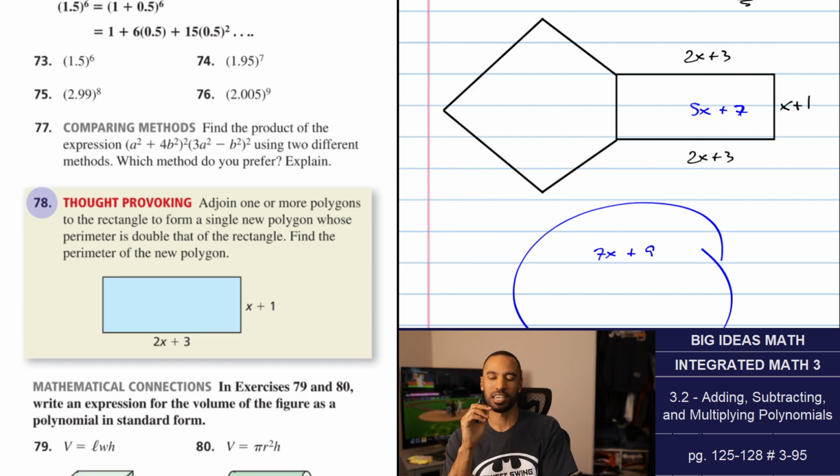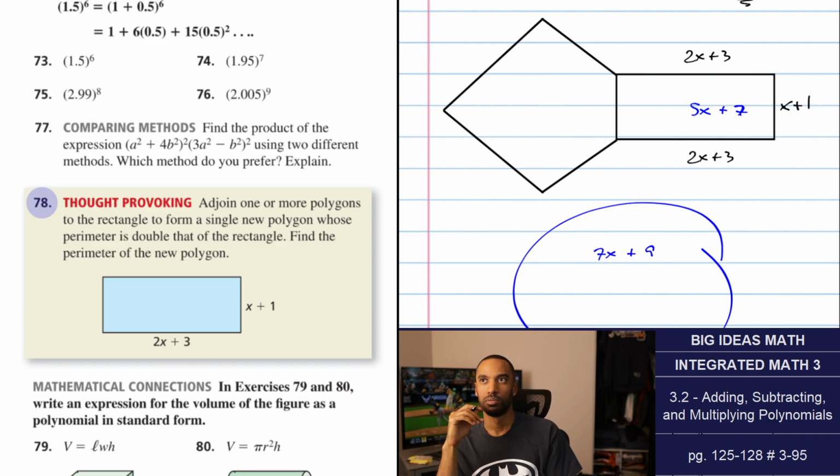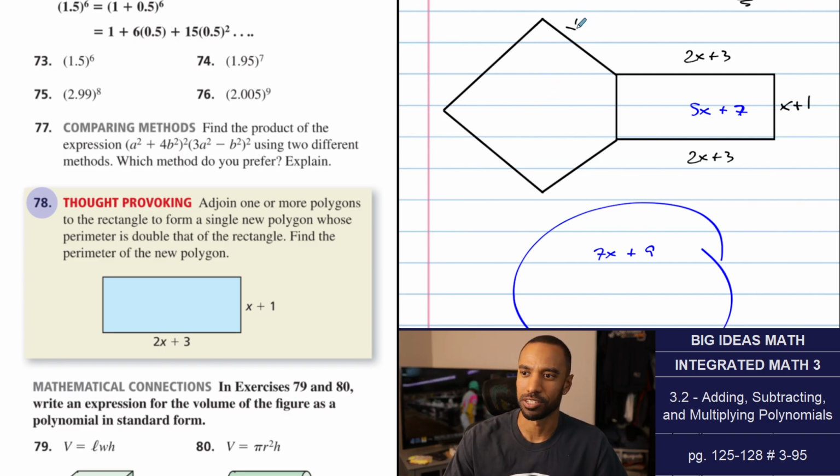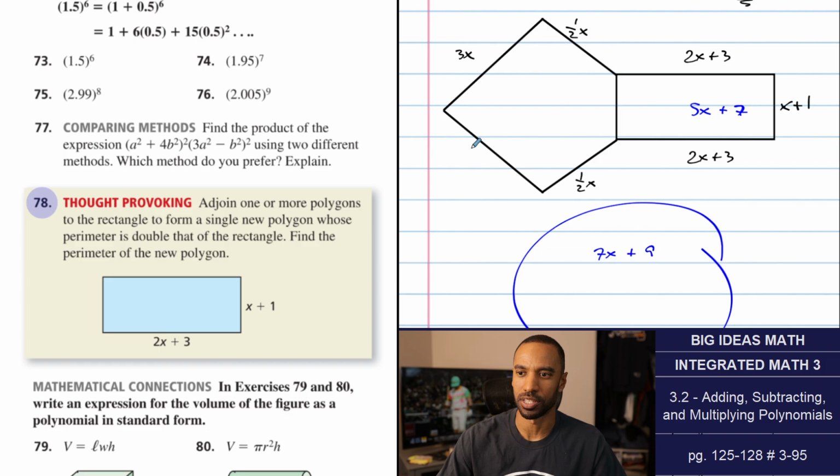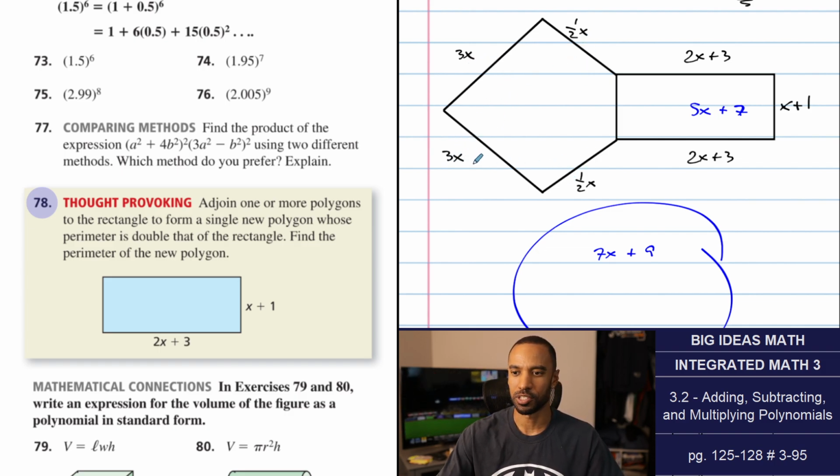Should I make them perfect? 7x plus 9. How about this? If these were 1/2 x, 1/2 x, 1/2 x, and then these were therefore 3x's, 3x plus 3x is 6x, plus the halves makes 7x. Now I need 9 to come into form.